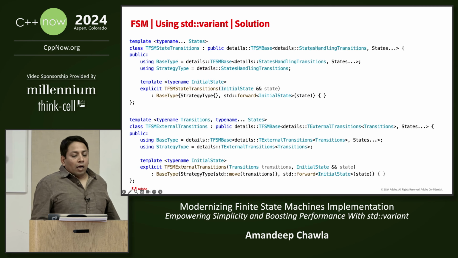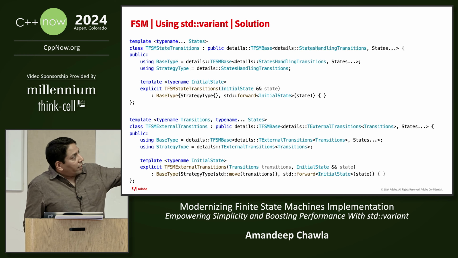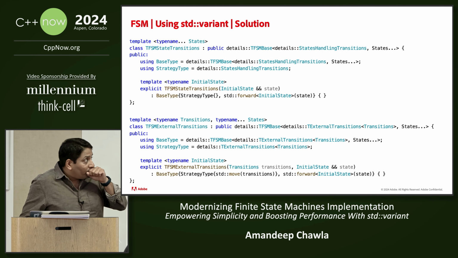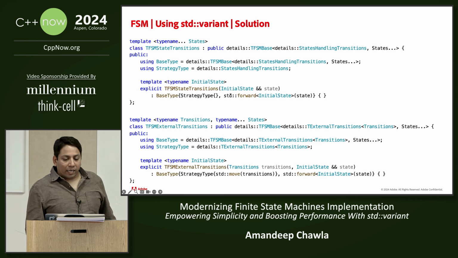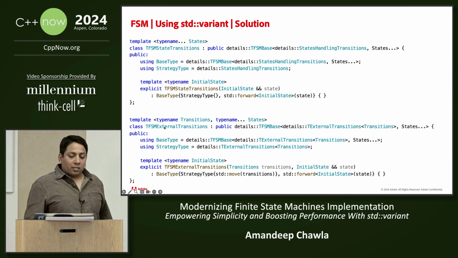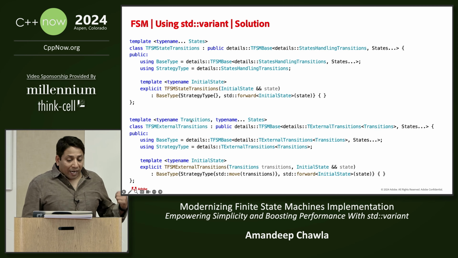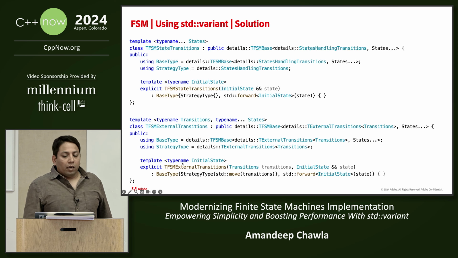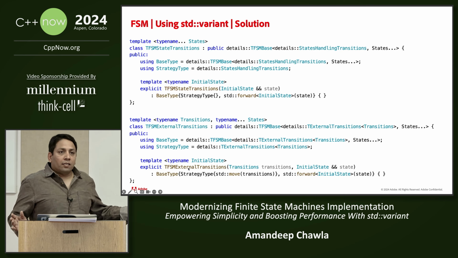Now, this is how TFSM state transitions: it inherits from TFSM base and plugs in the strategy, the state handling strategy. And for external transitions, the client has to provide me the transitions object, and I just push that down, and that's it.